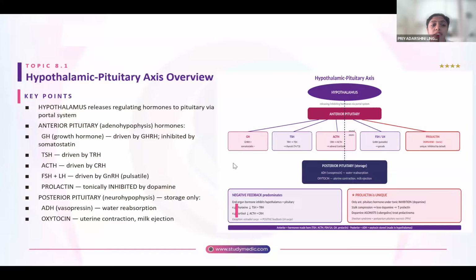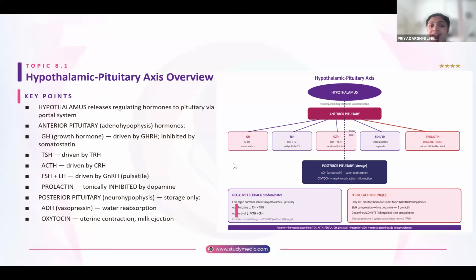Here, the main hormones include the growth hormone, which is driven by the growth hormone releasing hormone, and this is inhibited by somatostatin. Next comes your TSH, your thyroid stimulating hormone, which is stimulated by your thyroid releasing hormone. Next is your ACTH, your adrenocorticotropic hormone, which is driven by your corticotropin releasing hormone from the hypothalamus.